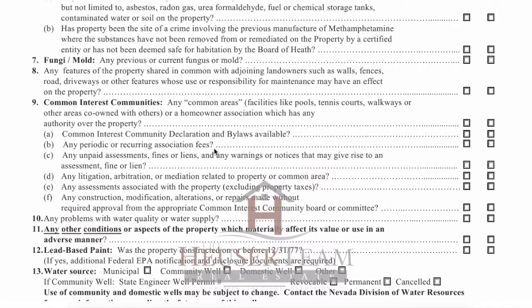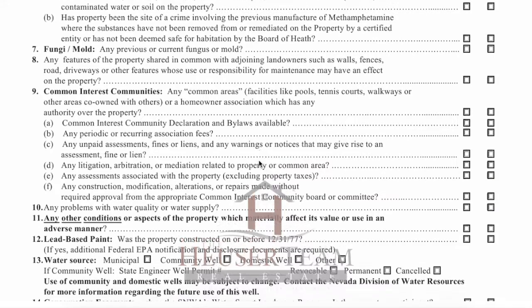Common interest community declarations and bylaws available: I have never seen them not available, so I don't know why the answer would not be yes to that one. Any periodic and recurring fees, we already kind of talked about that. That would be yes for the homeowners association, and you would disclose that amount. Then this is any unpaid assessments, fines, or liens in regards to that.